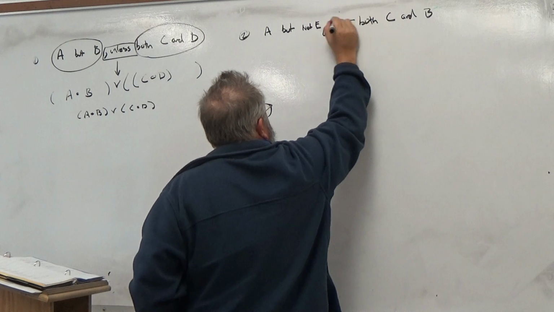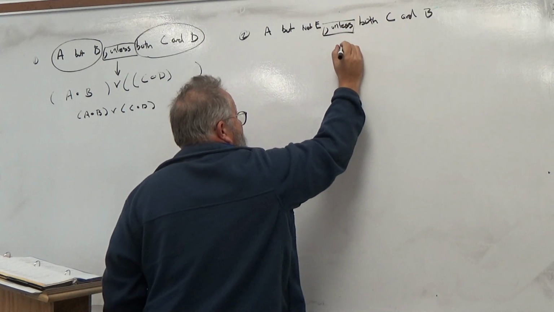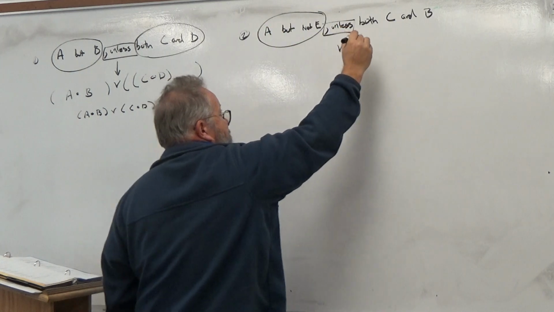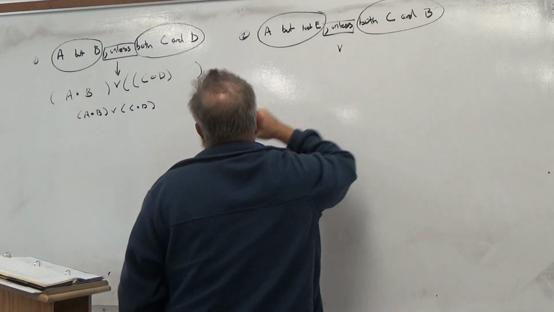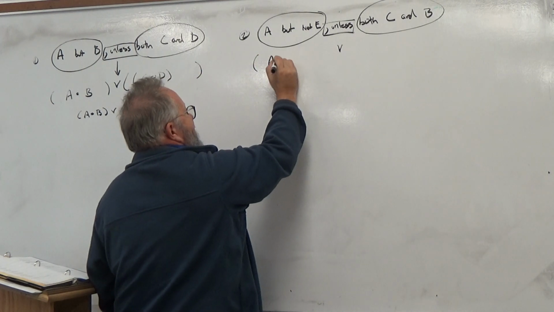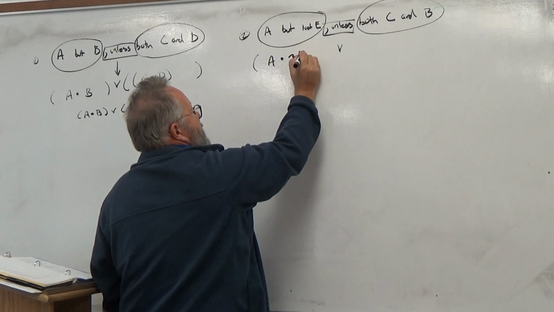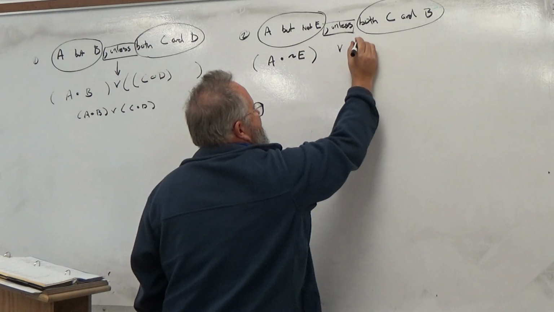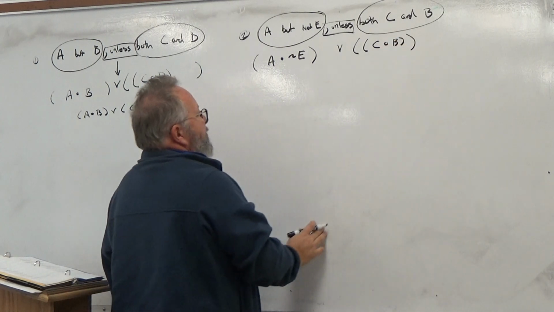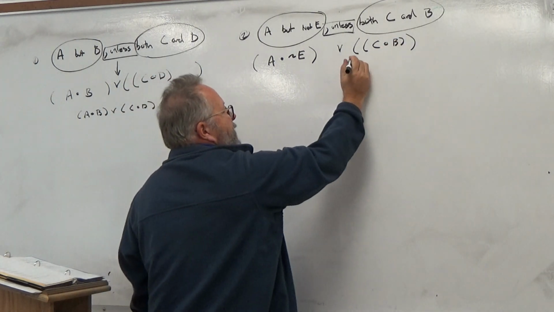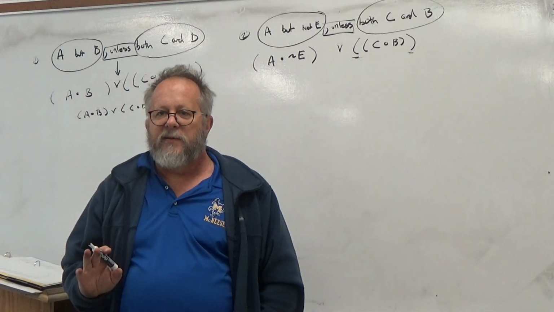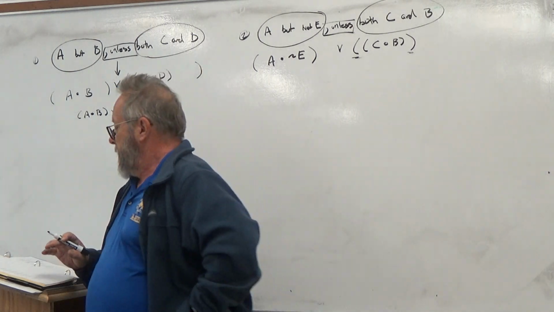Comma, unless, again, is the main logical operator. That's an or. That means all this needs to be held together as a disjunct, and all of this is a disjunct. Okay? The only difference is A and not E, unless, and keep this together, C and B. Okay? And yes, I could get rid of those and it would still be good. Any questions about this? Okay.